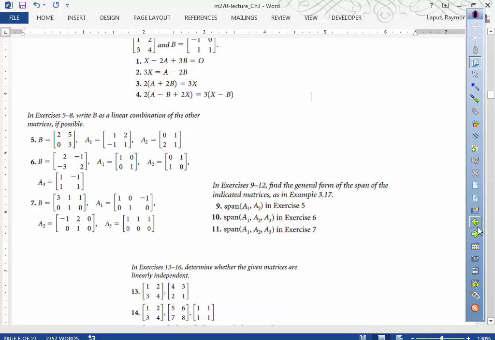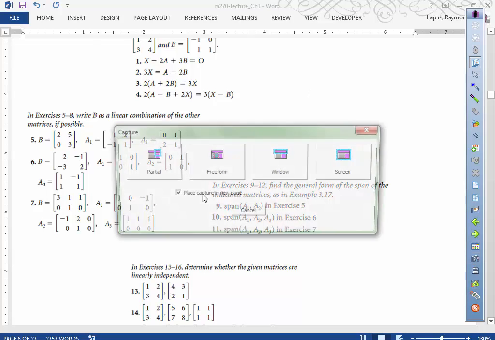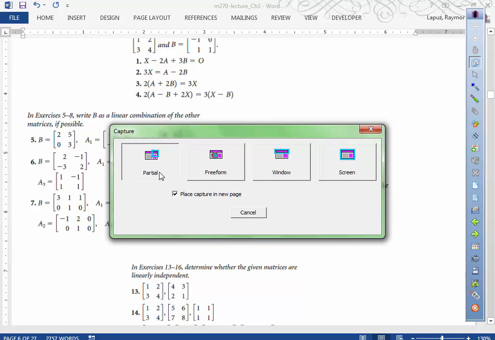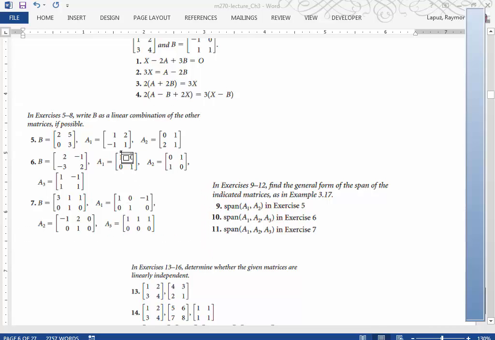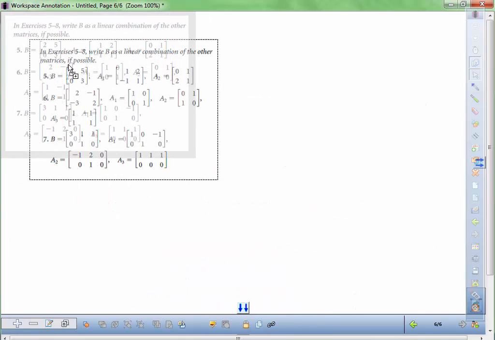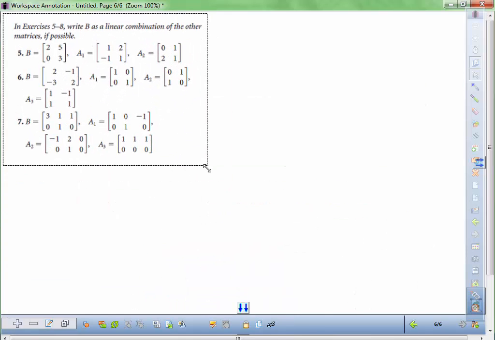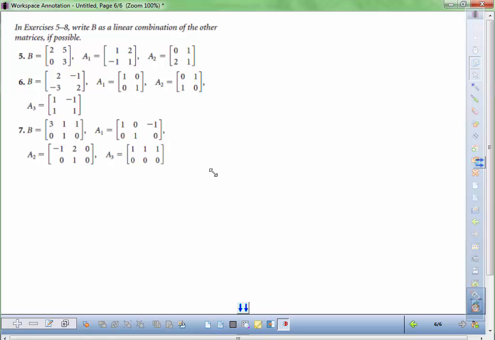So let's see if we can do some linear combination examples here. Which one do we want? Let's do number 5. It's a 2x2 matrix. So the question is, is it possible to write B as a linear combination of the other matrices?